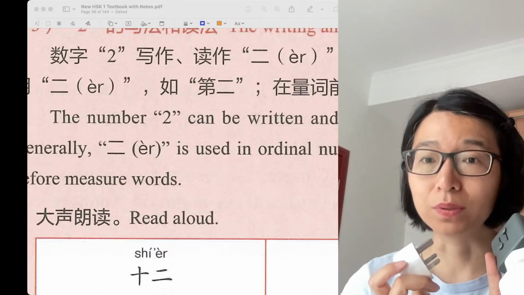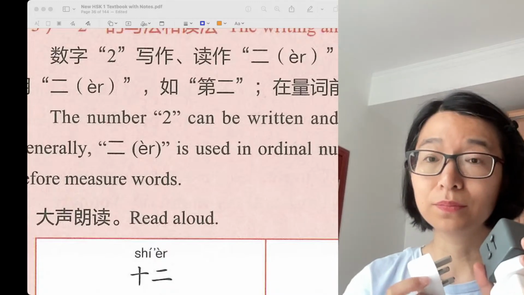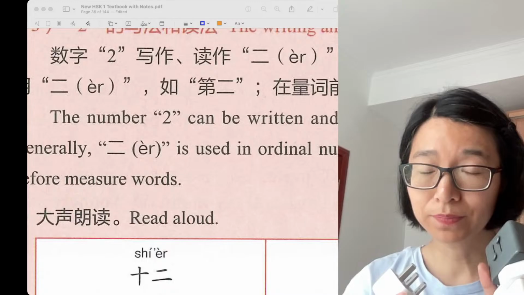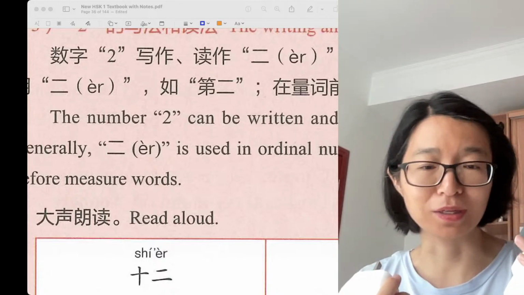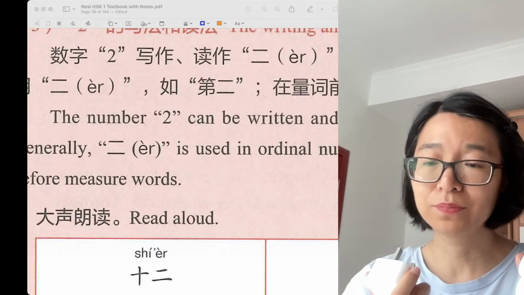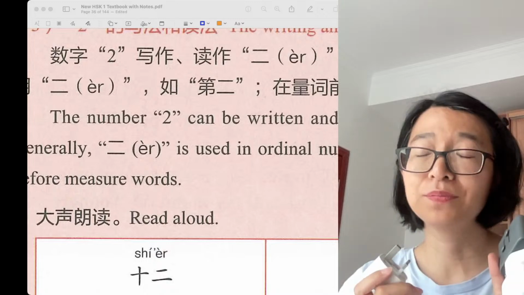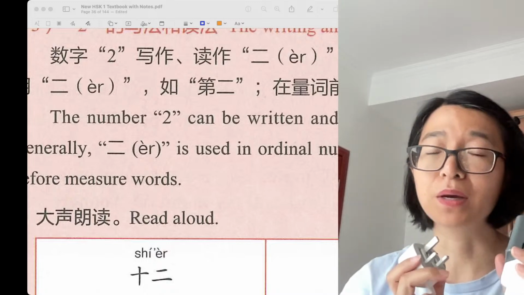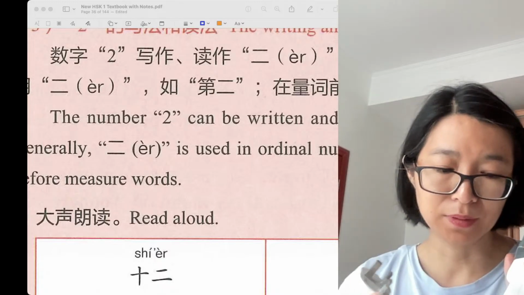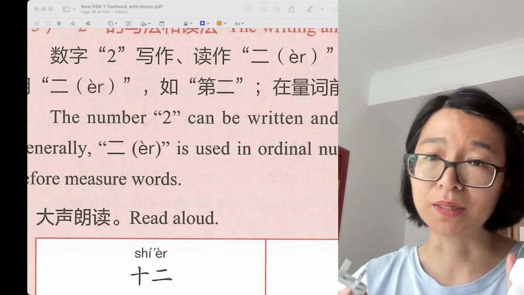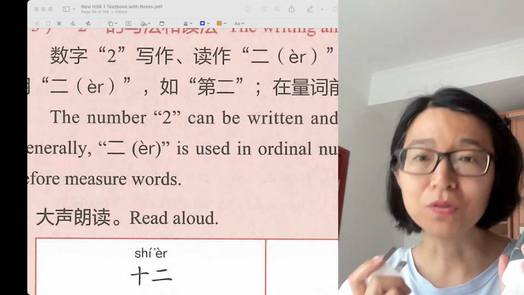我有, we just learned this structure. 我有, I have. Okay, 2. Shall we say 二 or 两? Guys, let me know. Which one do you think? 我有两个. Okay, we need to say 两个充电器, because when we say 2 of something in Chinese, first you need to say 两 instead of 二.